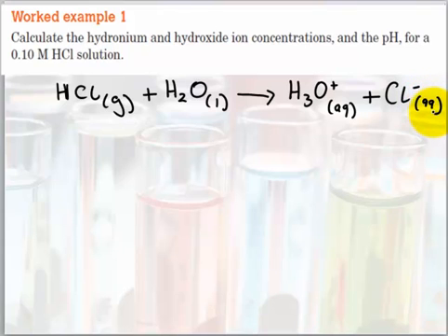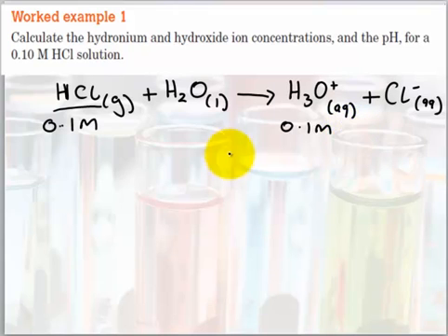Okay, so it's a strong acid, and by strong acid we know that it pretty much completely ionizes in water. So if I've got 0.1 molar of HCl, I'm going to get 0.1 molar of hydronium ions.